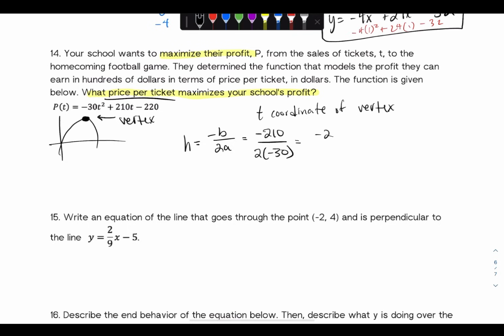So I'll have negative 210 divided by negative 60. Let's do that in the calculator, and we're going to get 3.5. So that would be $3.50 per ticket. It's going to maximize our profit.